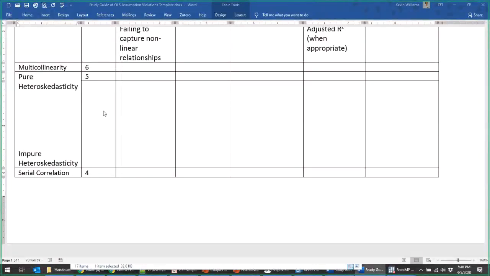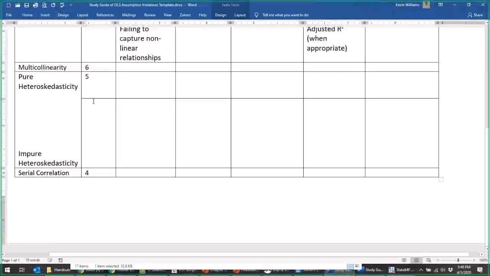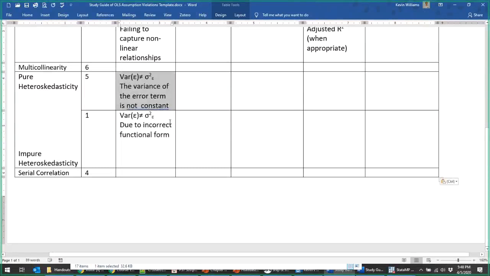Pure heteroskedasticity is a violation of assumption 1 of no heteroskedasticity. Impure heteroskedasticity is actually a violation of assumption 5. Impure is a violation of assumption 1. That is, impure heteroskedasticity occurs when functional form is incorrect. We've got our definitions of heteroskedasticity.